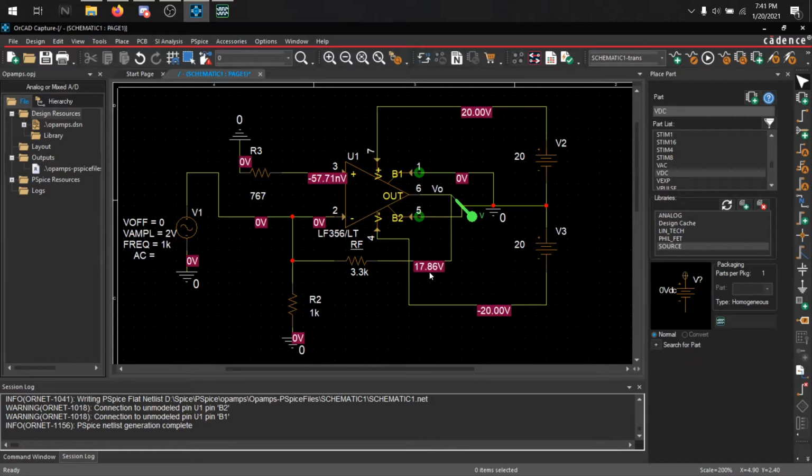What did I do wrong? Huh. This is stuck in a loop. I should have practiced one beforehand. All right, so I think I know what's wrong. Let's pretend R3 doesn't exist and it's just shorted. So basically, the inverting input is grounded, so it's working as open loop, basically.